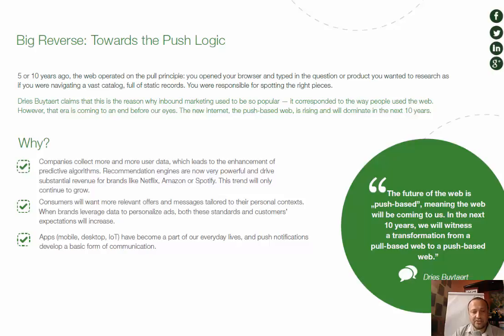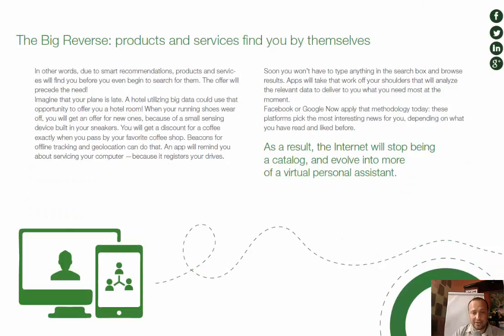When brands leverage data to personalize ads, both the standards and customers' expectations will increase. Apps like mobile, desktop, IoT have become a part of our everyday lives, and push notifications have become a basic form of communication. The big reverse: products and services find you by themselves.